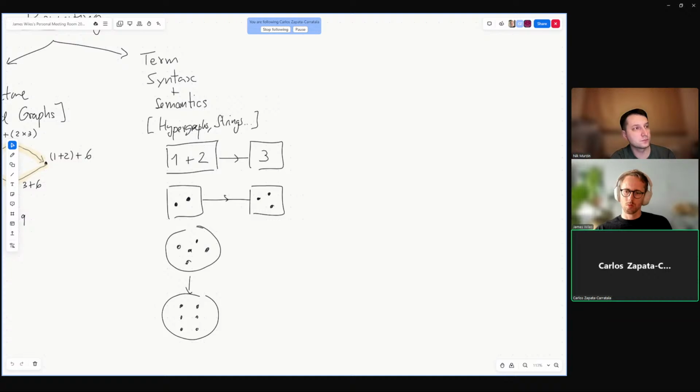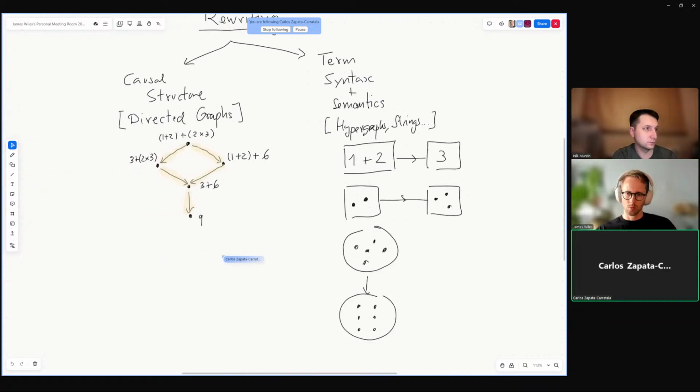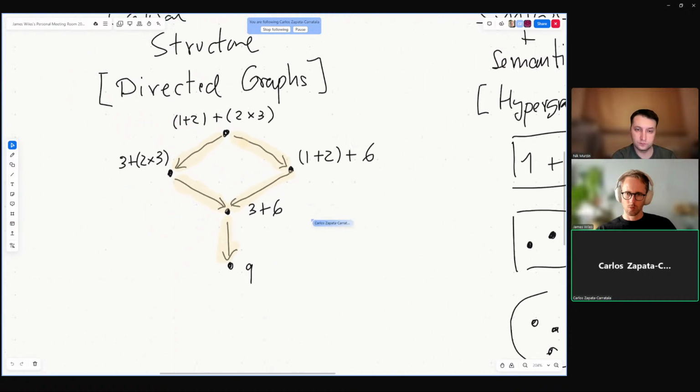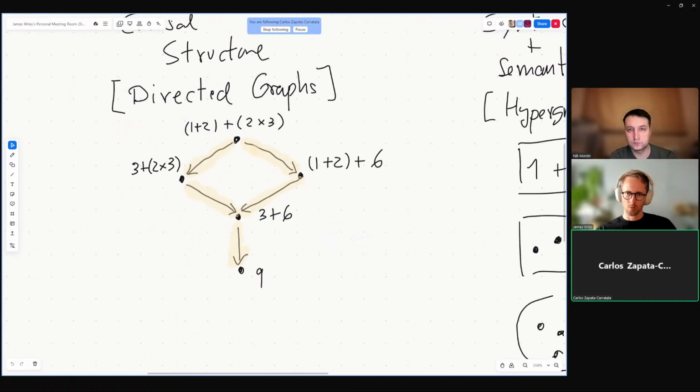That's the semantics of the system. What is written here is the syntax. The semantics could be the process of counting in the system that I showed. I don't know if Nick, did you have a better way to explain this?